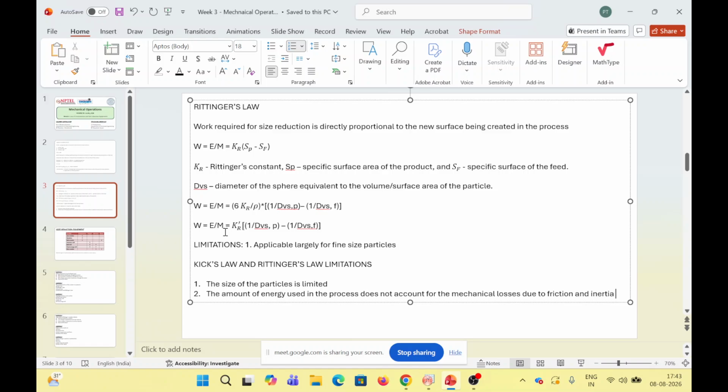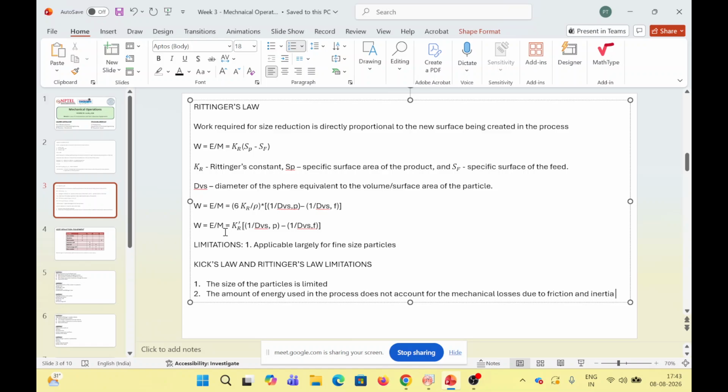Similarly, in any industrial application, whatever amount of energy you supply, it is never possible that all the energy gets used for its intended application. Some amount of the energy gets wasted in the form of heat or some other form.